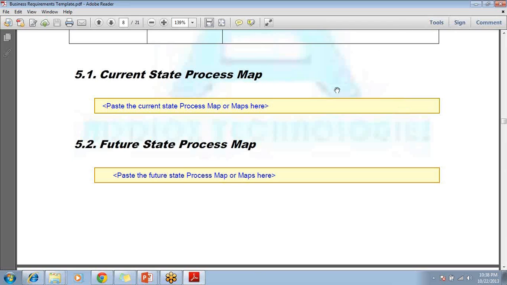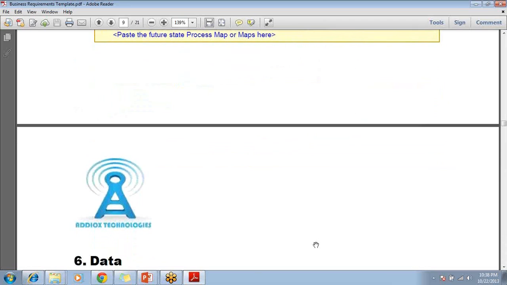The current state would be all the applications where you will not have the SSN, and the future state will be all the applications where you will have the SSN. Accordingly, you will design the workflow, the flow chart, for the current state and the future state. It's a map which you have to lay out.